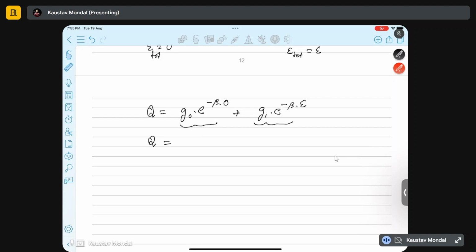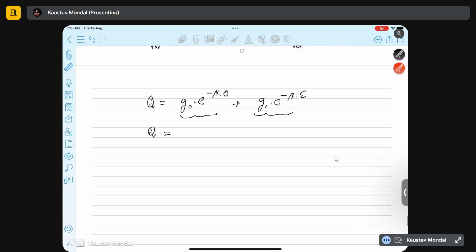So the microcanonical partition function looks like this: G0 plus G1 e to the power minus beta epsilon.